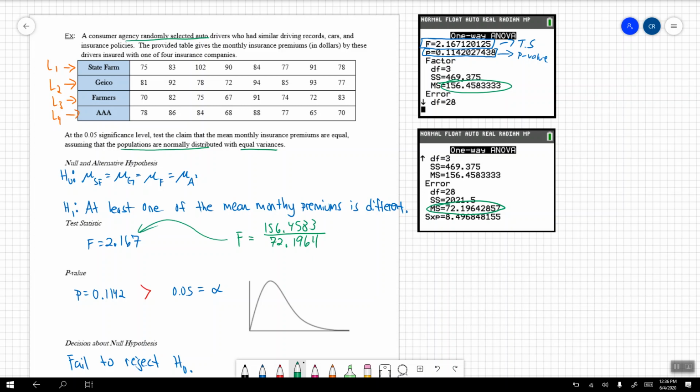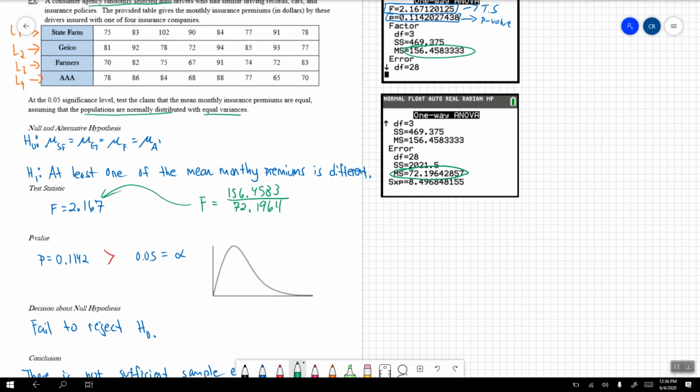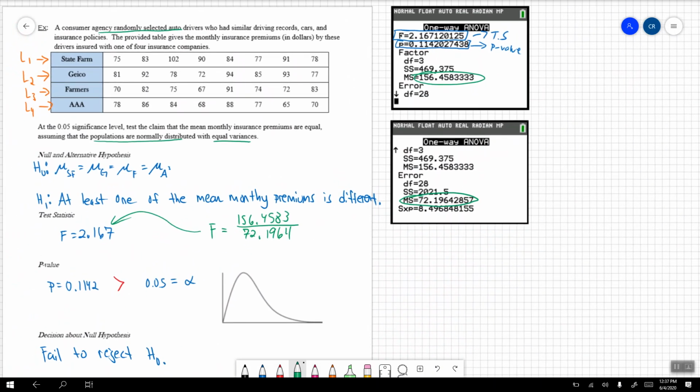I know a lot of questions are in people's minds: why do we go through this first example in order to achieve this second example if we're using the calculator for the second example? Well, I want you to analyze the numerical values that you're obtaining. So this test statistic, 2.167, where do we get it from? Why do we get this?